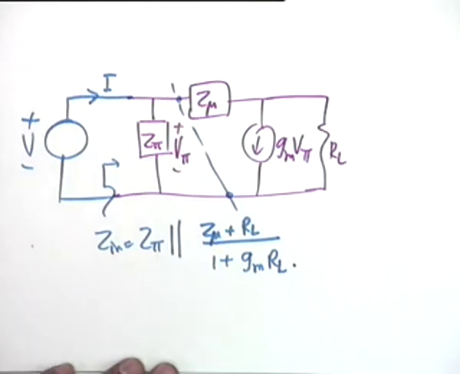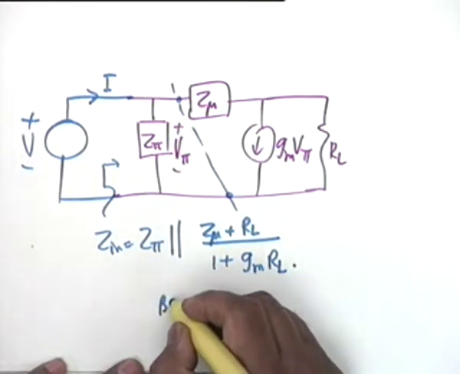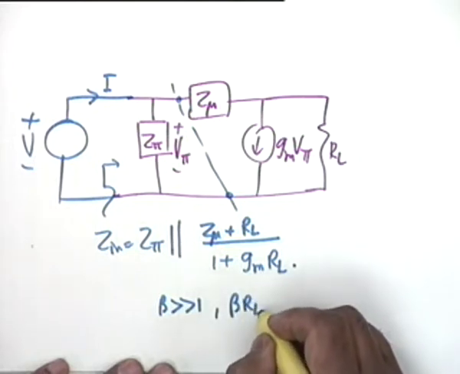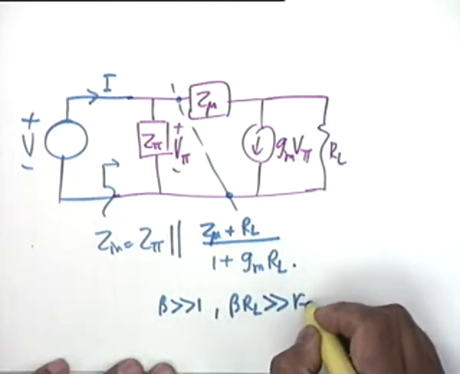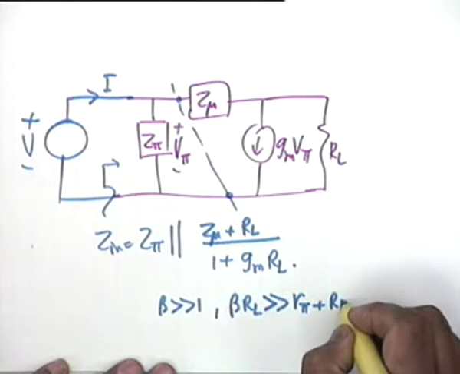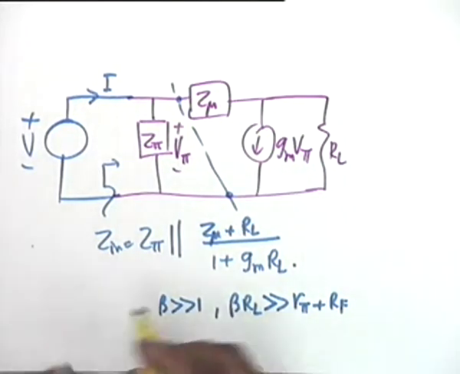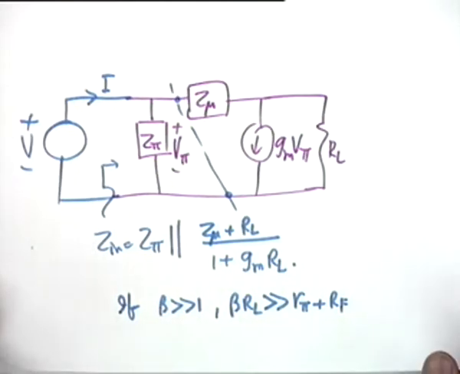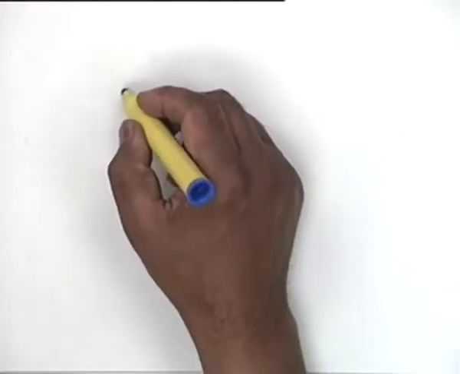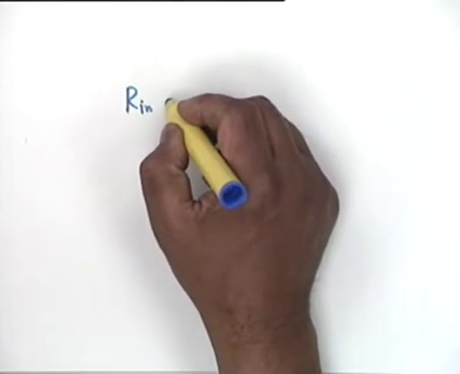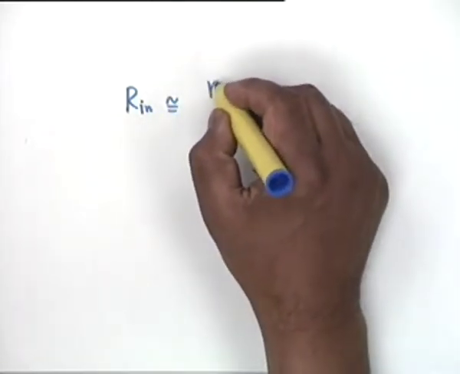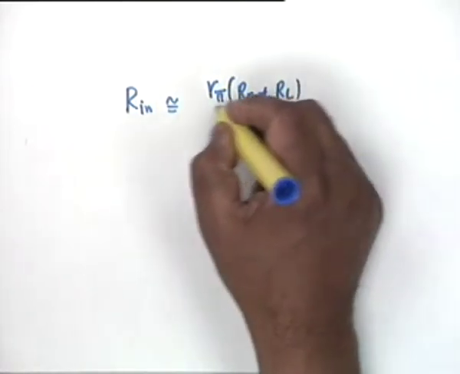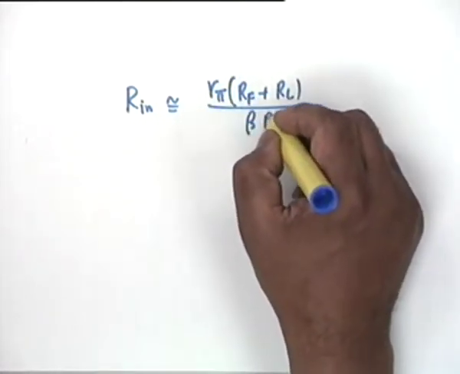And one can show that if beta is much greater than 1 and beta RL is much greater than R pi plus RF, if these are true, then the input resistance R in is approximately equal to R pi times RF plus RL divided by beta RL.